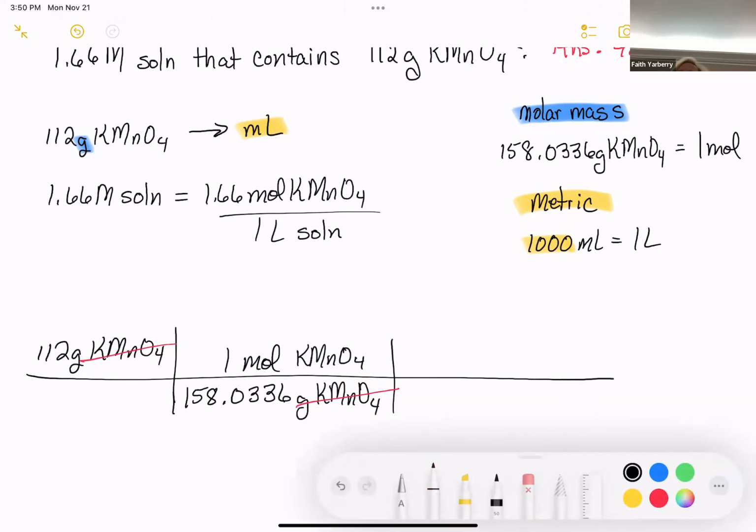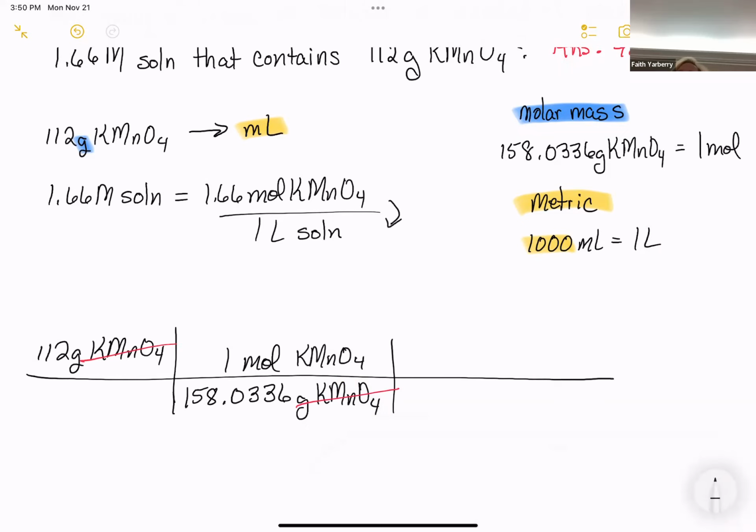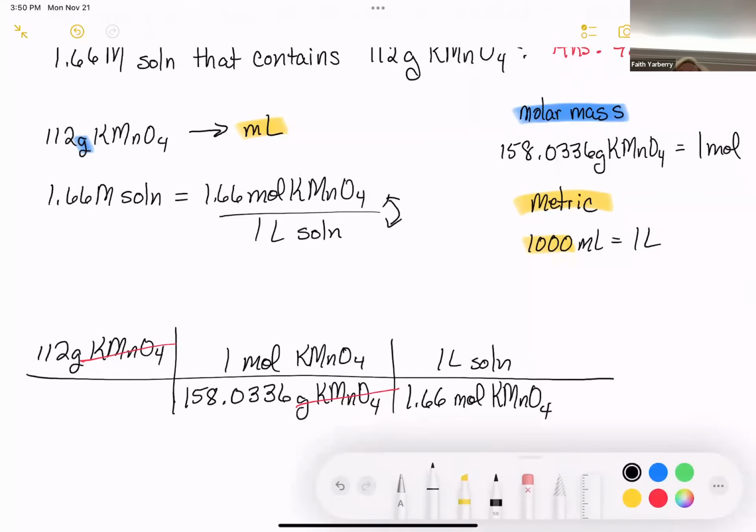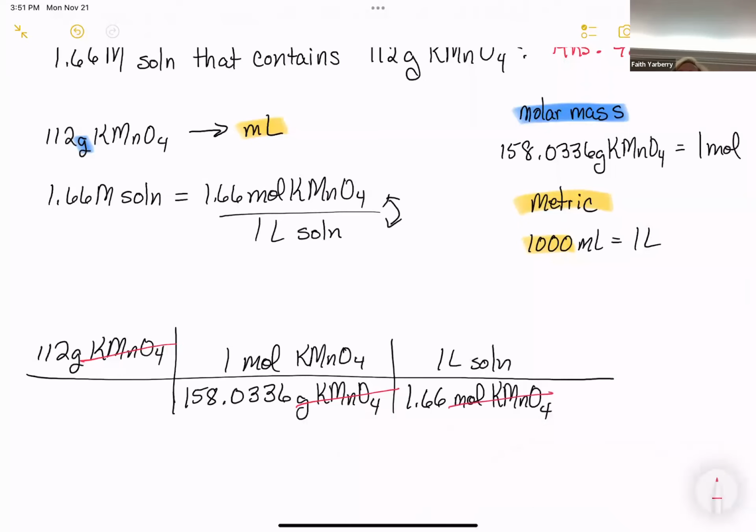We then use the molarity of KMnO4 to get it. In this particular case, we are going to have to flip the molarity over because we need to get rid of moles. So the 1.66 moles of KMnO4 will go into the denominator with the 1 liter of solution in the numerator. We had to flip it again so that the moles would cancel out, leaving us liters of solution.